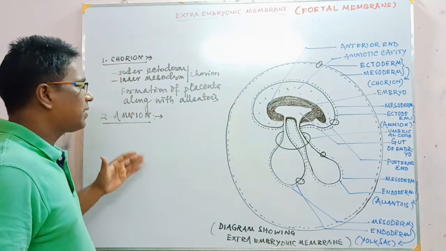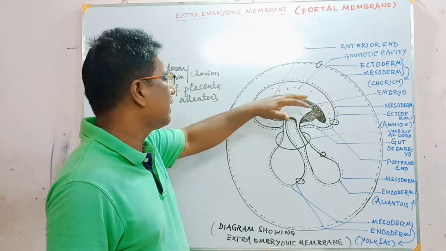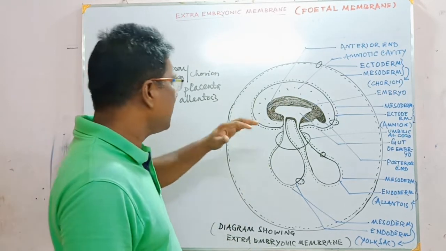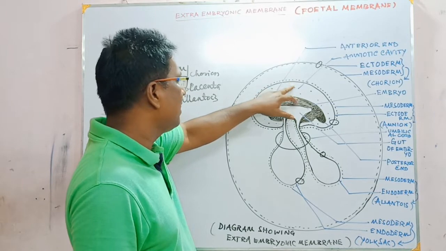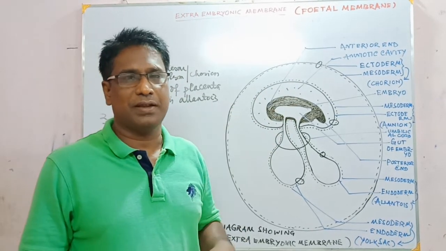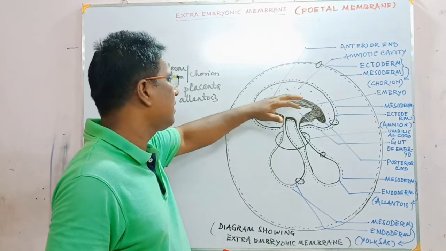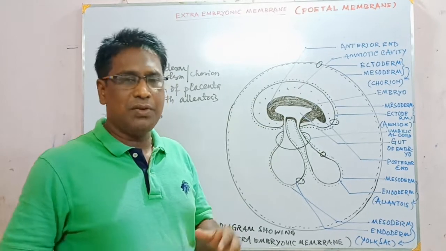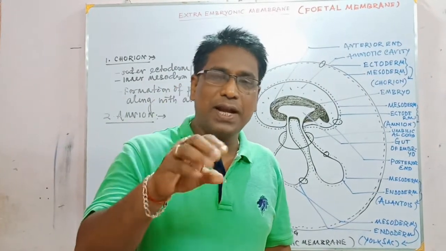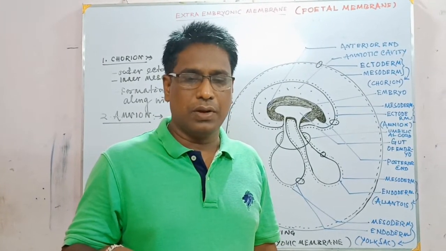It is the extra embryonic membrane which encloses the embryo, and a cavity is formed in between the amnion and the embryo, called the amniotic cavity. That amniotic cavity is filled with a fluid called amniotic fluid.